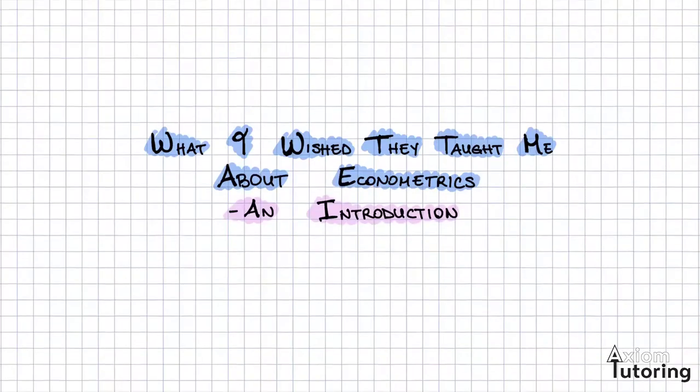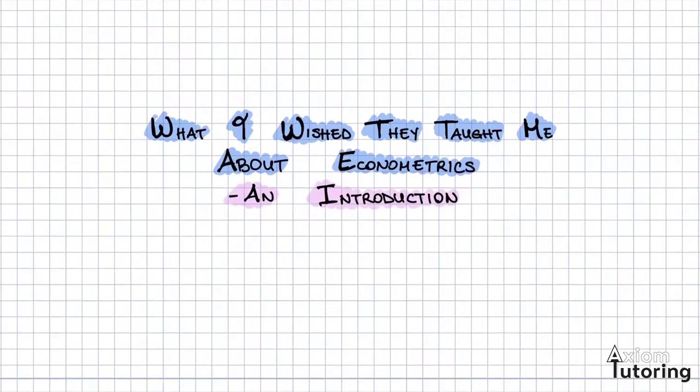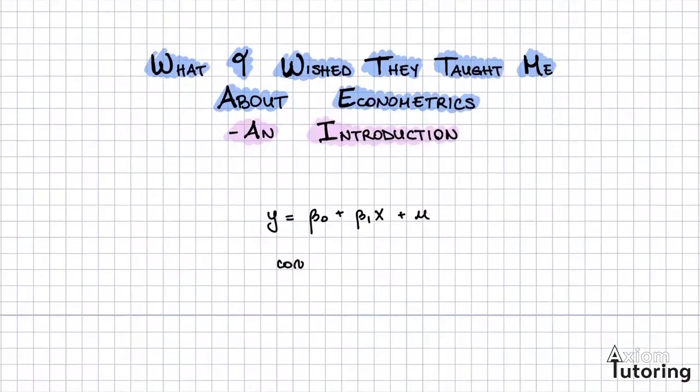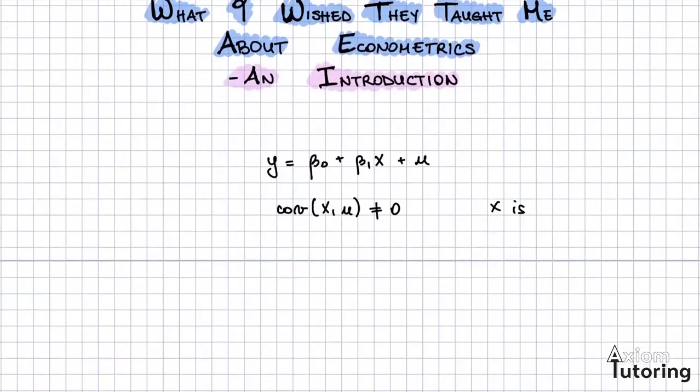Recall the problem that we were trying to deal with. So we have a regression, a model y equals beta 0 plus beta 1x plus an error term. We know that the covariance of x with u is not 0. OLS fails because x is endogenous.